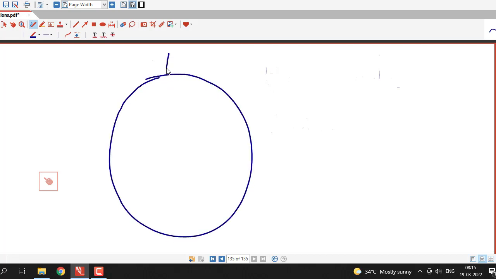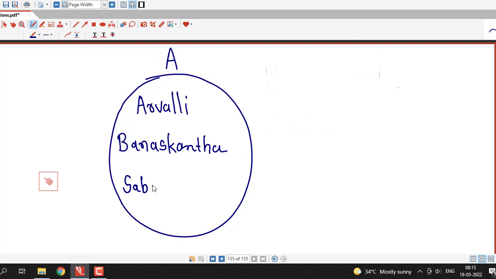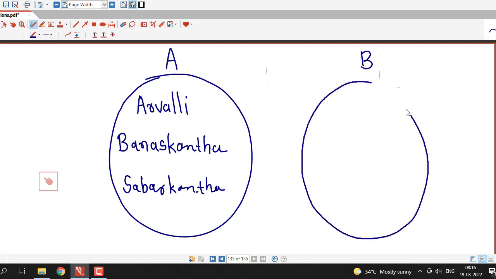We can understand by taking particular sets. Suppose in set A, I consider three districts: Arvalli, Banaskantha, and say Sabarkantha. So set A contains the names of these three districts, and in set B we consider capital cities or capital towns of districts.